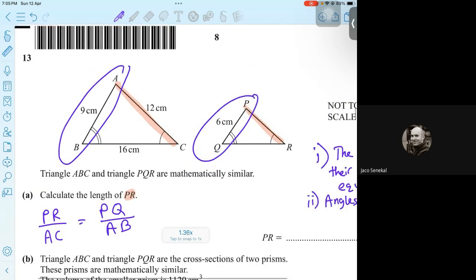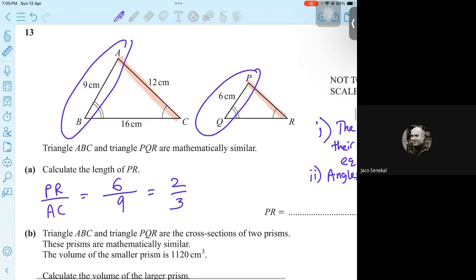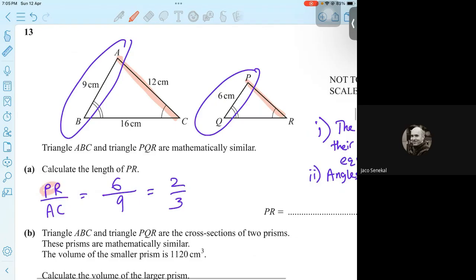So the PQ that I already know is 6, and the AB that I already know is 9. So you can tell this is 2 by 3. And then PR, I don't know. That's basically what the question wants me to find out. I know AC though. AC is equal to 12, right? So this is equal to PR over 12.